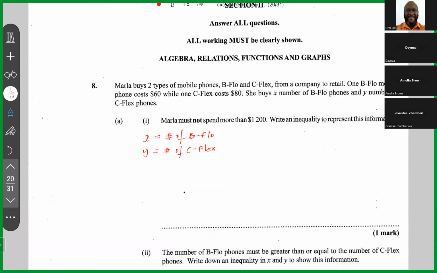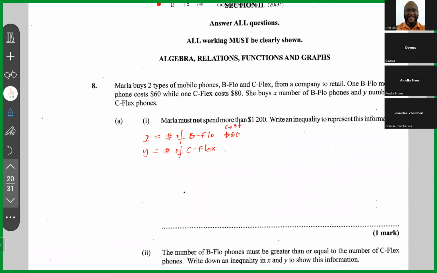Now this says Marla must not spend more than $1,200. Write an inequality to represent this information. Now Marla bought x B-Flow phones, and each B-Flow phone costs $60.